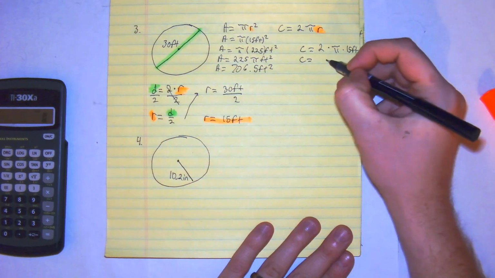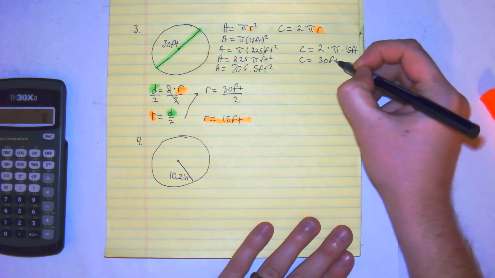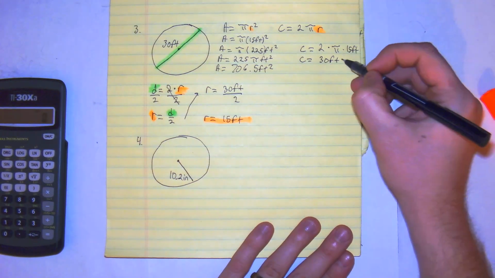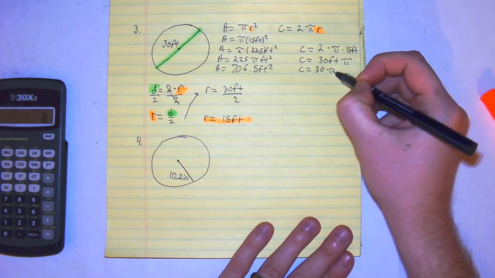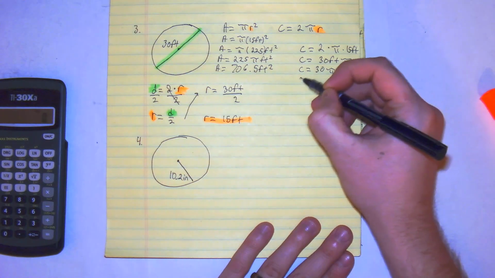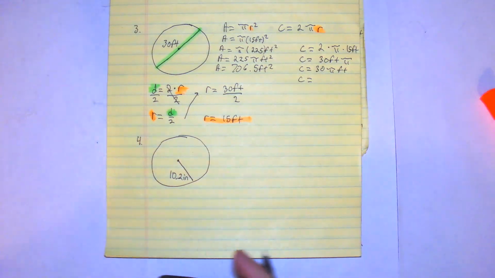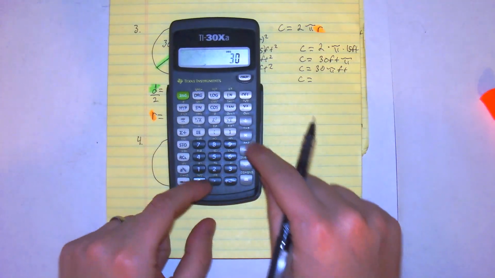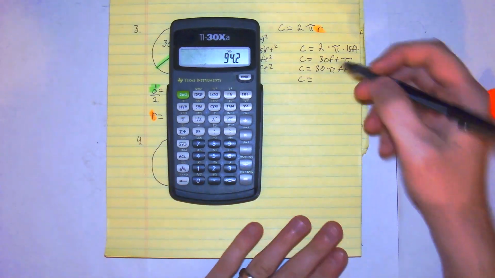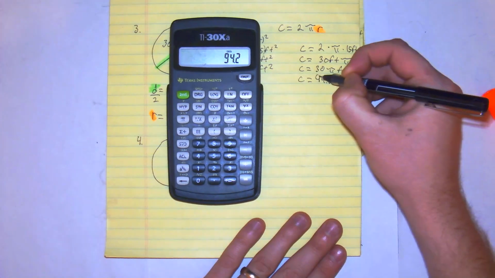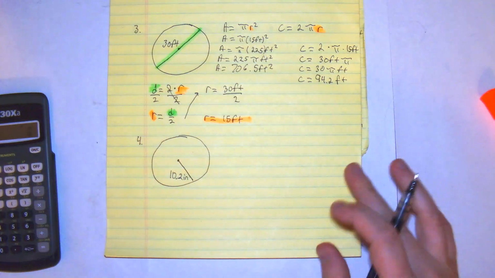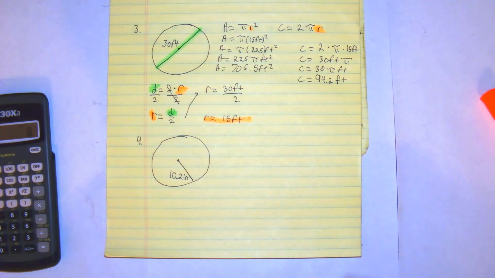C is equal to 30 pi feet. Or you could have done 30 times 3.14. 94.2 feet would be our estimate answer. And that's how you would do number 3.